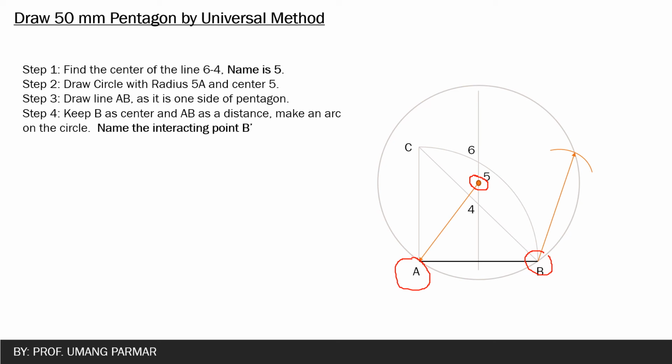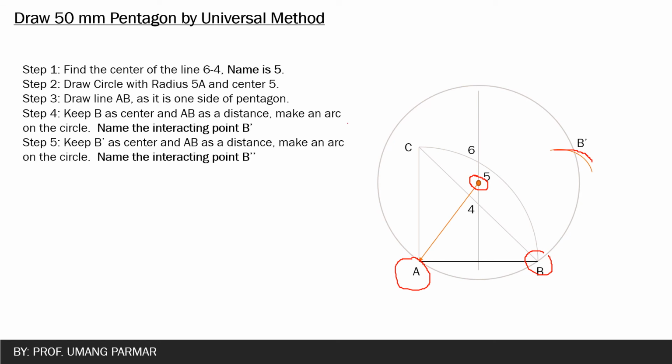I will call this point B dash. Again the same method: I will keep B dash as a center, with the same distance A to B, and make one more arc and call it B double dash.